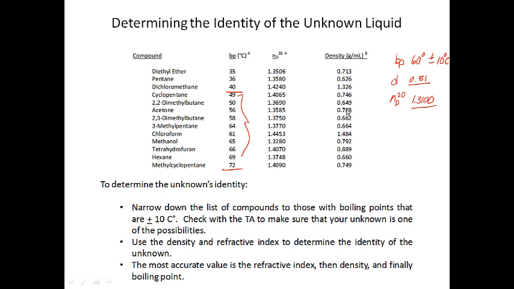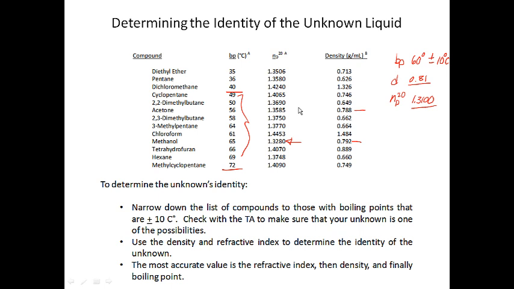So I'm going to say, well, let's see, here on my list, this is pretty close. This one's pretty close. That one's kind of far away. That's kind of far away. So if it's me, I'm looking at these two as my two possibilities. And so looking at the refractive index, I would most likely say that my potential unknown here is the methanol, just given this set of data.